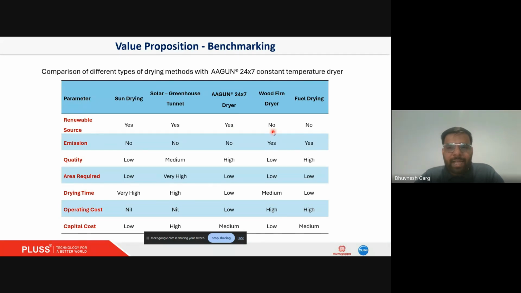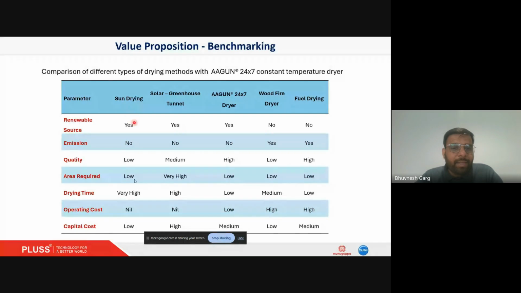Then fire dryer, obviously there is no renewable angle in it, or whether it is fuel drying also, there is no renewable energy which is used in it. Emissions, if we compare the emission parameter, sun drying has no emission. Greenhouse tunnel, no emission. Argon solution, no emission, but definitely for the fossil fuel burning, there are emissions.